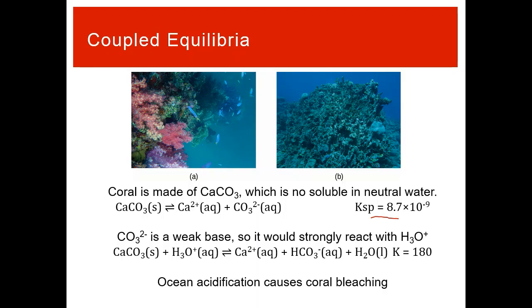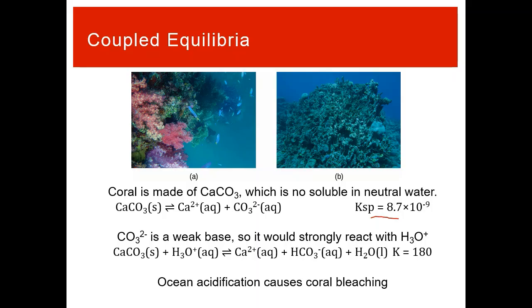But this pattern of increased dissolving in the presence of acid, where basically the anion reacts with the hydronium, in the case of calcium carbonate, the equilibrium constant becomes 180, right? Pretty high. And so what ends up happening is if the ocean is not acidic, the calcium carbonate of the coral animals will not dissolve.